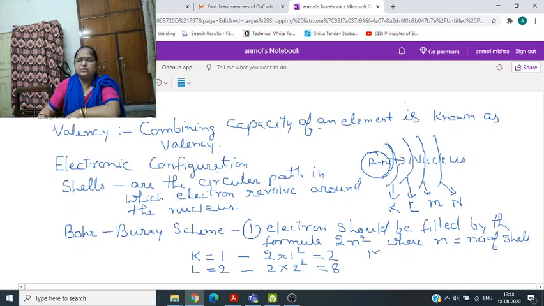Then M shell, it is numbered as third shell, so it will be 2 into 3 square, so it will be 18. And N is numbered as fourth shell, so 2 into 4 square, so that is equal to 32.